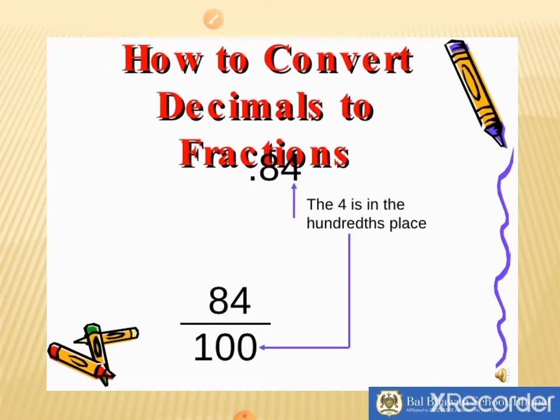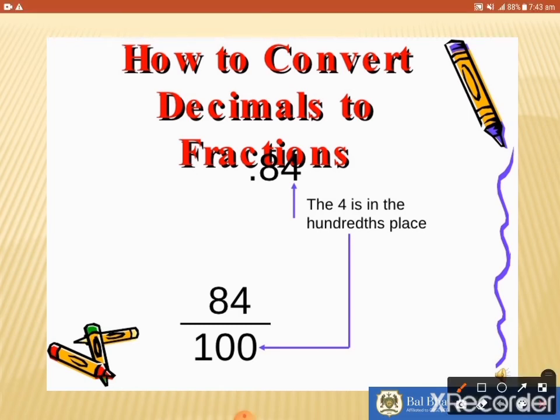Another example is 0.84. Now 0.84 is a decimal number that has to be converted into a fraction. Again we apply the same rule: we have to remove the decimal, and for removing the decimal, we put an upon sign first and remove the decimal. As soon as we remove the decimal, we can write 1 in the denominator.